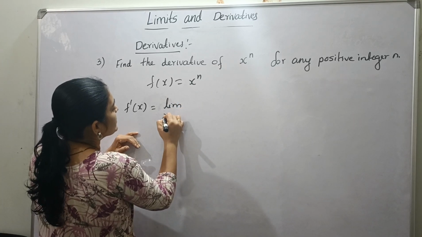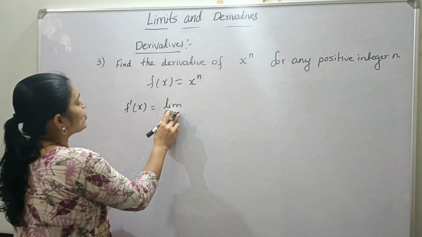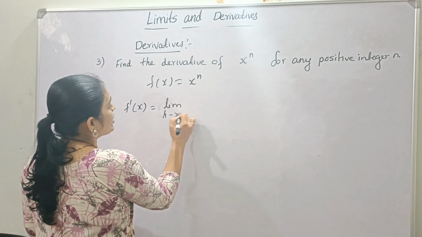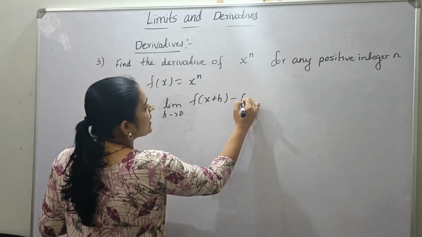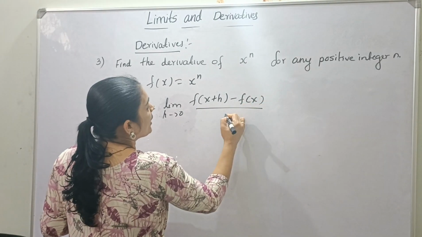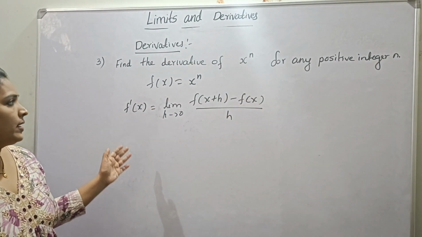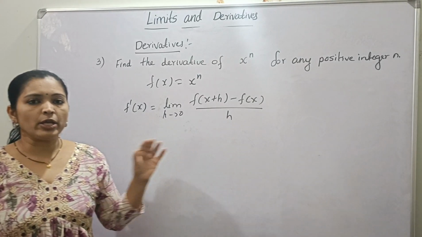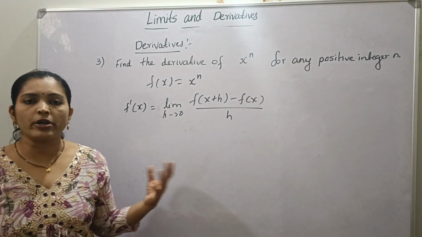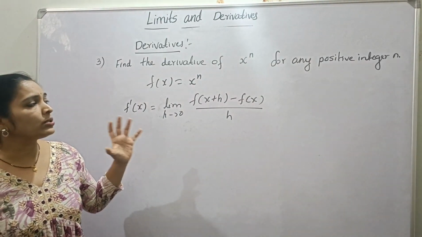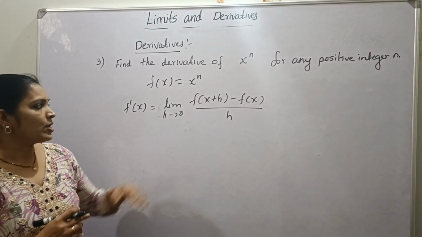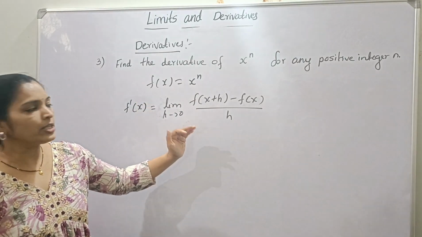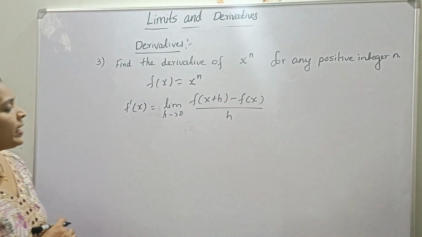Limit h tends to 0, f of x plus h minus f of x divided by h. Here it is not given at a particular point, so we have to find the derivative of this function x raised to n.